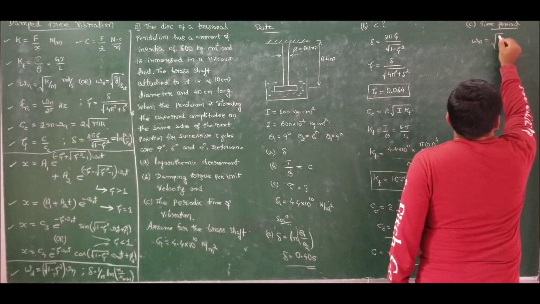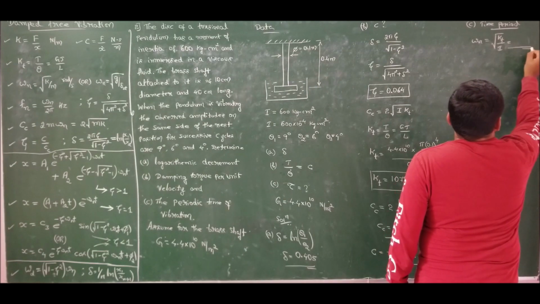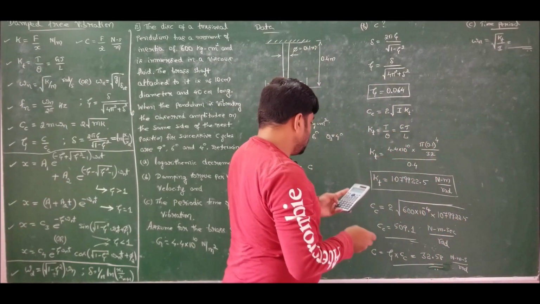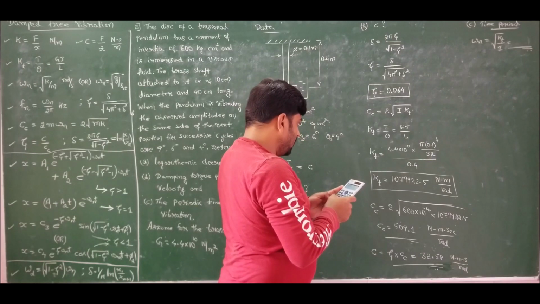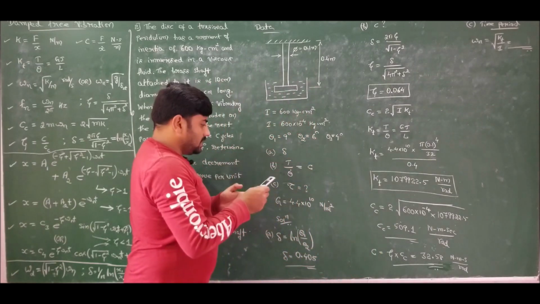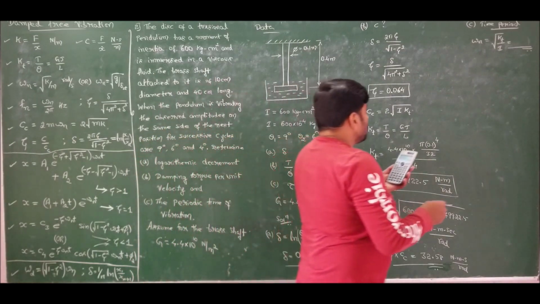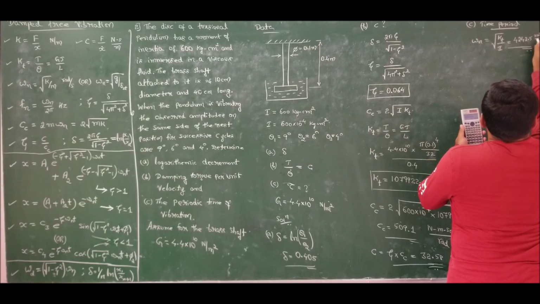Hence it is root of kt by I. kt is known, 1079922.5, divided by I, which is 600 into 10 to the power of minus 4, which is turning out to be 4242.5 radians per second.